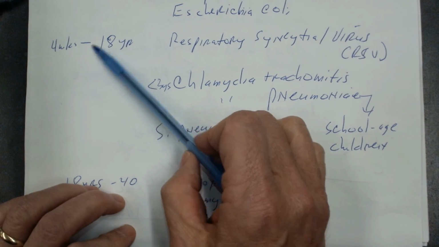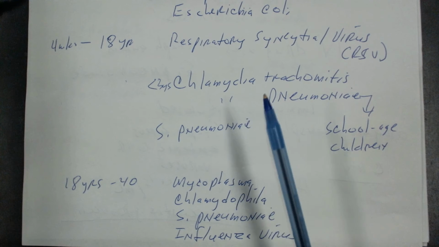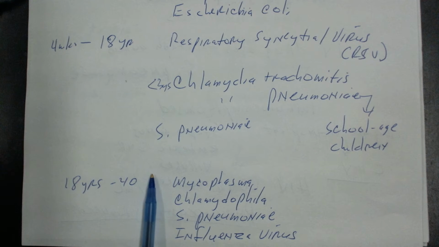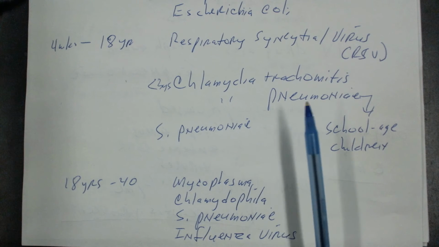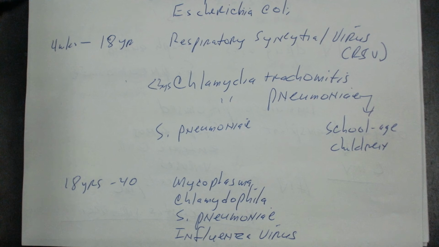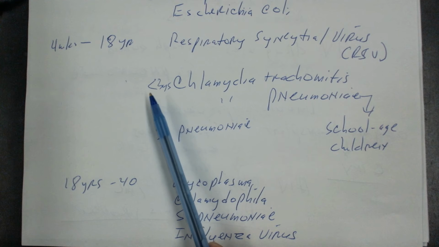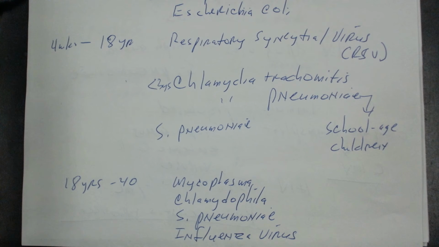If your patient's between 4 weeks and 18 years old, then your most common causes of pneumonia are respiratory syncytial virus, and Chlamydia trachomatis, usually up to 3 weeks, and then Chlamydia pneumoniae for school-age children, and then Streptococcus pneumoniae as well.